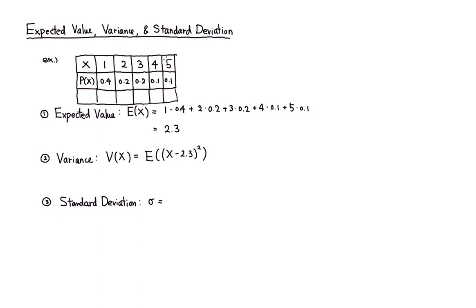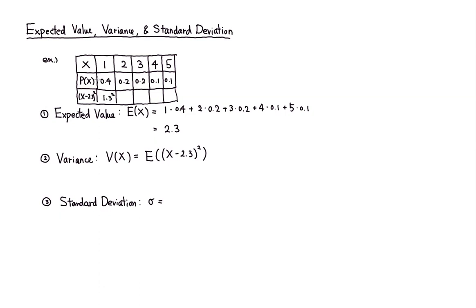So the square difference would be x minus the expected value 2.3, then square that. So here, 1 minus 2.3 is 1.3, so it's going to be 1.3 squared.